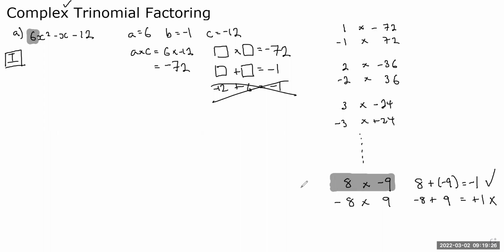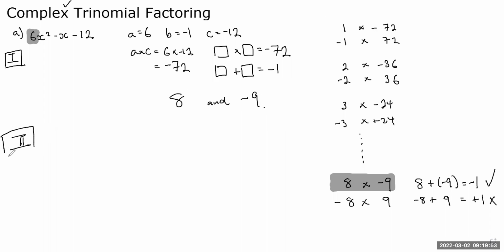The first couple of times you may have to go through all the products, especially if you're not that great with multiplication. But you'll get the hang of it with lots and lots of practice. So we've established in step 1 the numbers we are looking for are 8 and negative 9. Great.